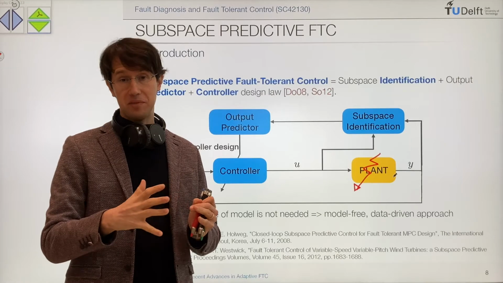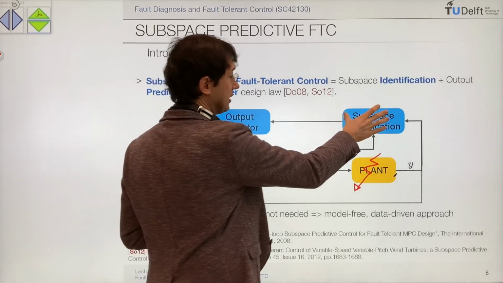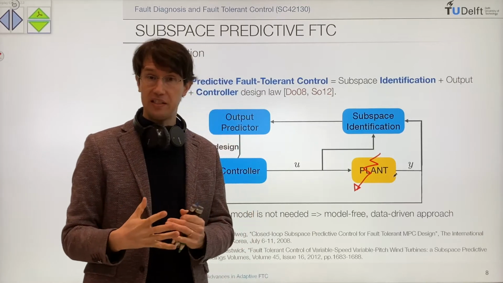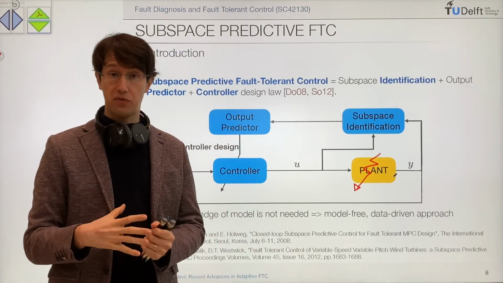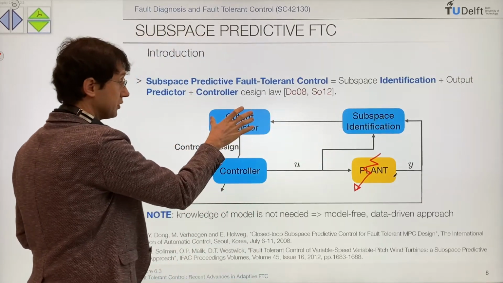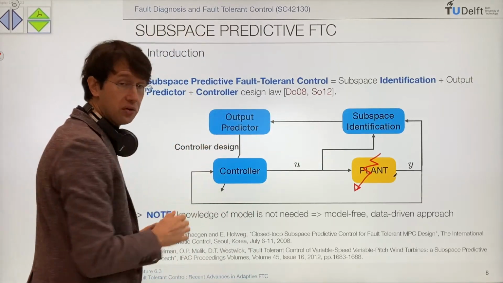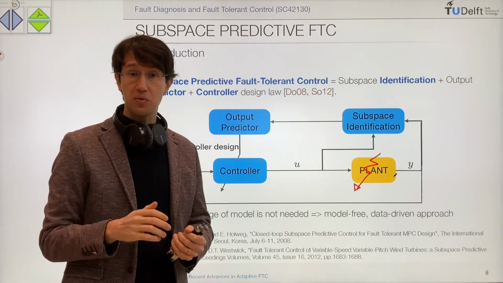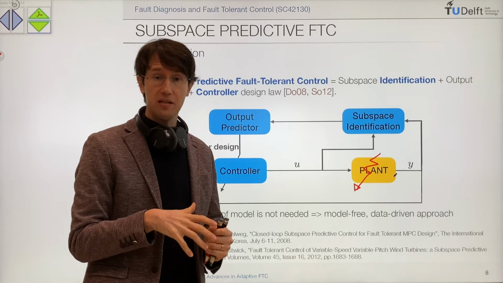So after some time, the model that you learn here will no longer be the model of the healthy system, but will be the model of the faulty system. And when the model of the faulty system is used here, the controller that is designed is a controller that is tuned to that faulty behavior.